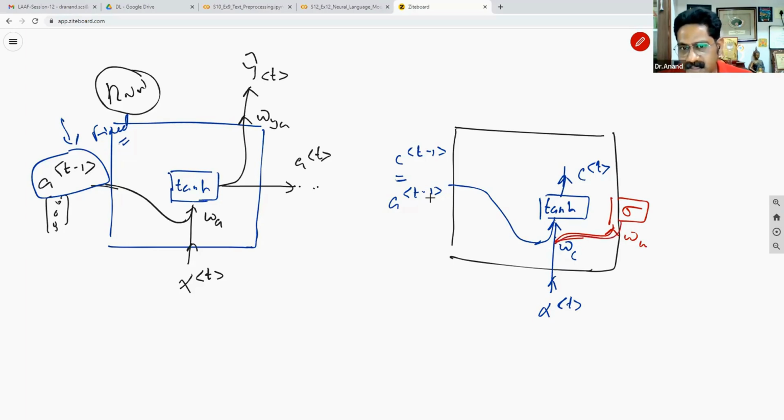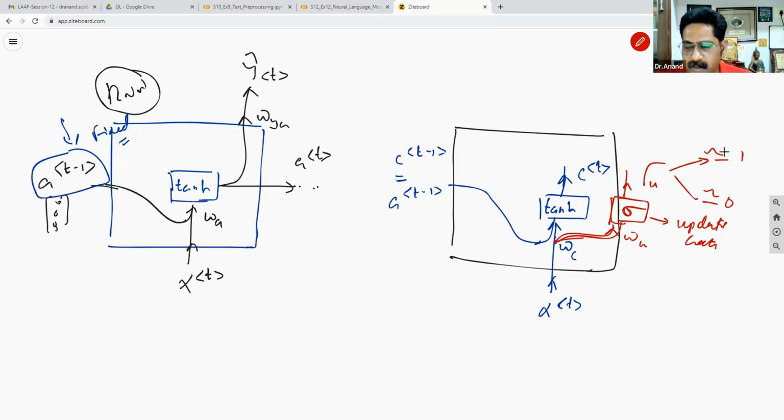That means the same XT along with AT minus 1 is weighted with W suffix U, and this time the sigmoidal activation function acts as my update gate, and it is going to give me the output called tau of U. What is the nature of tau of U? Sometimes it's close to 1, sometimes it's close to 0. Intermediate values you will also get.